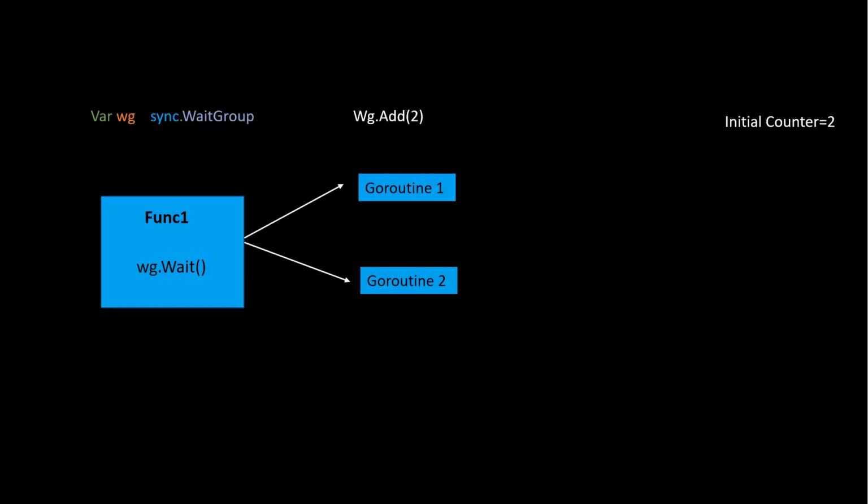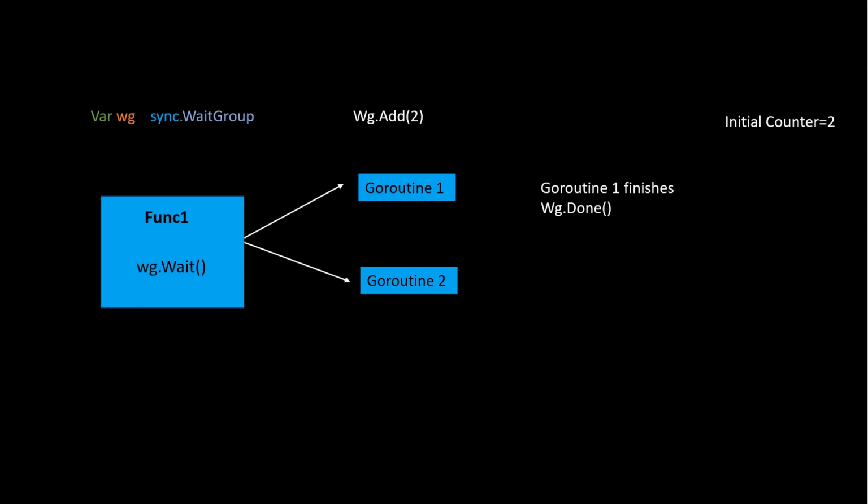Now, let's say function 1 fires two goroutines, goroutine 1 and goroutine 2. We will set the wait group counter to 2 by calling waitgroup.Add and passing 2, because we want our function 1 to wait until both of these goroutines have finished their execution. Now, let's say goroutine 1 finishes.